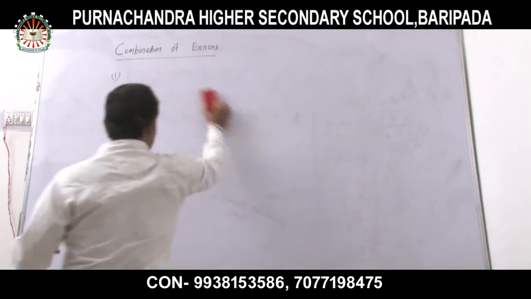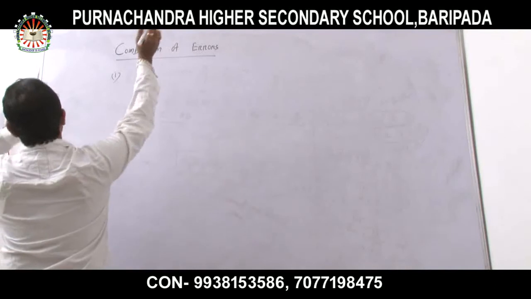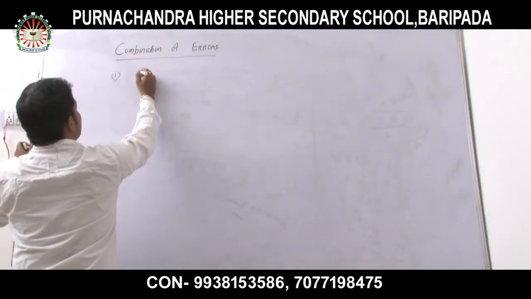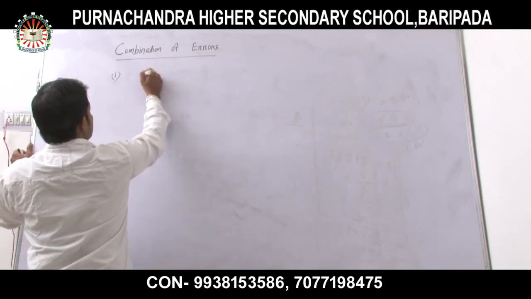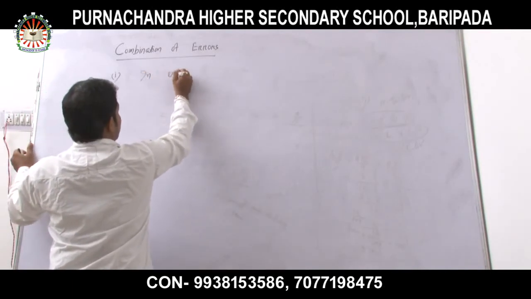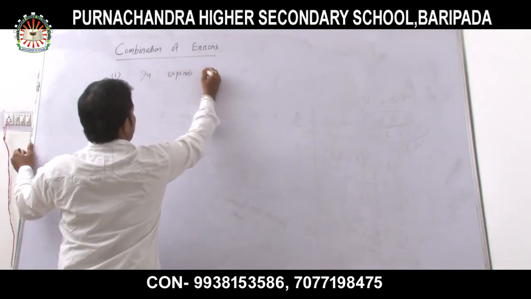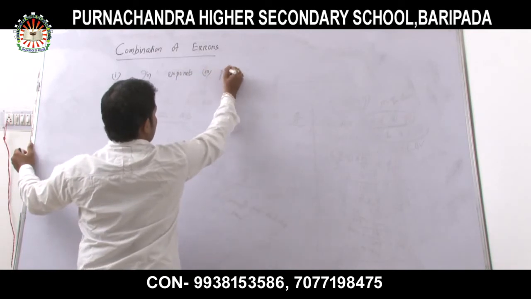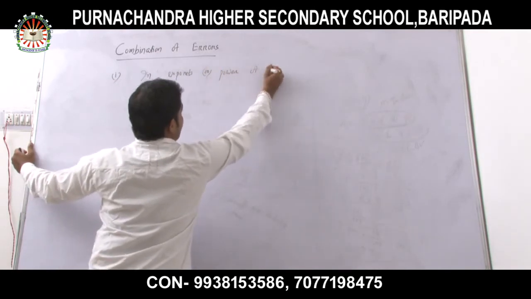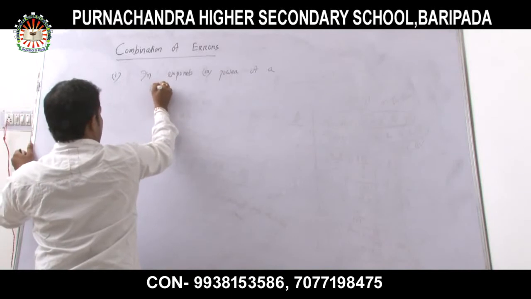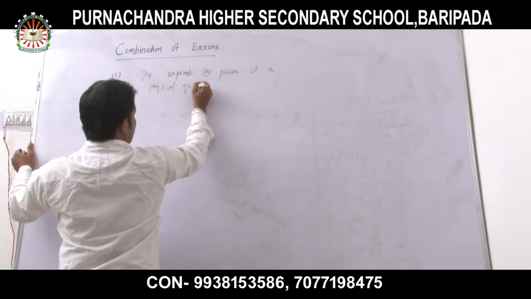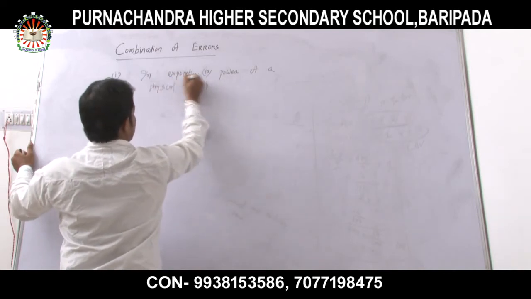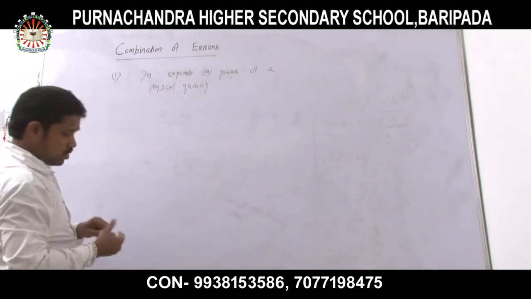Okay. So let us move into the last one, that is combination of error in case of exponent or power. Combination of error in exponents or power of a physical quantity. This is very important.